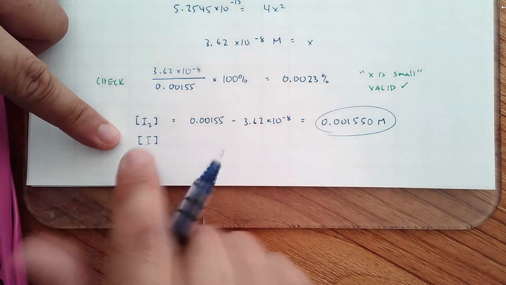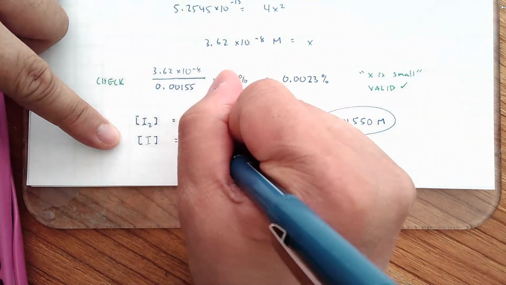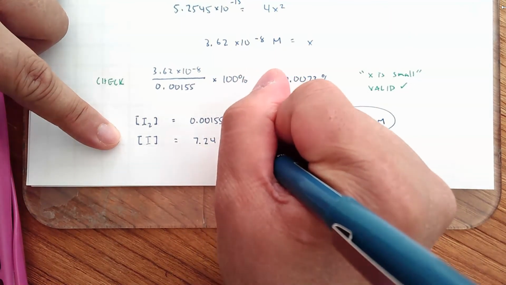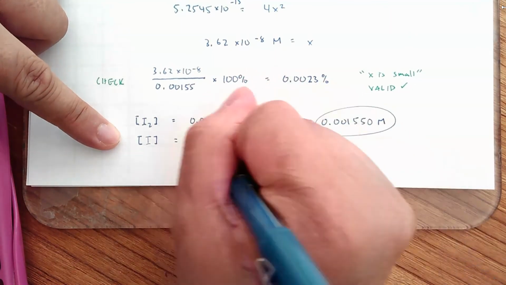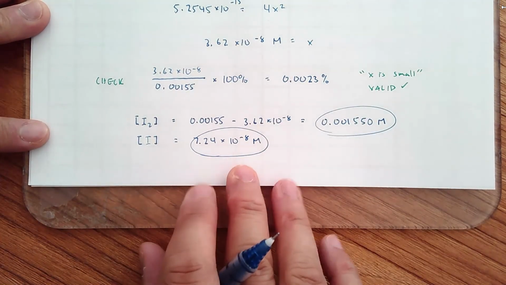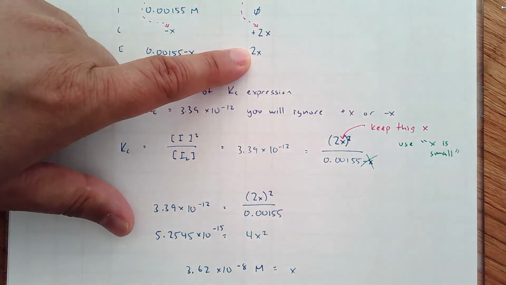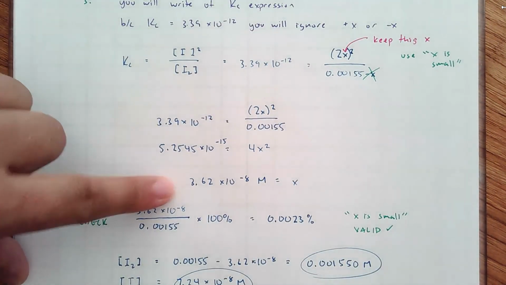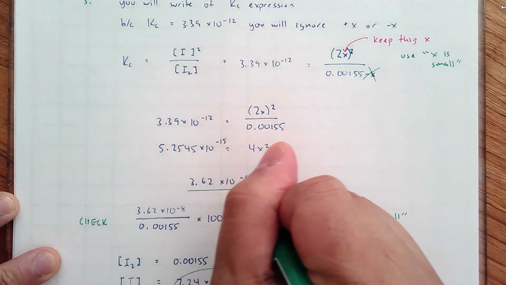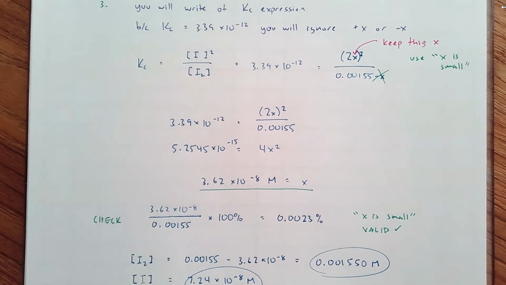But for atomic iodine, go ahead and put exactly what you get when you plug X back into the equation. Okay, so that 7.24 times 10 to the minus 8 is coming from 2 times X. And again, we solve for X over here. Let me zoom out.